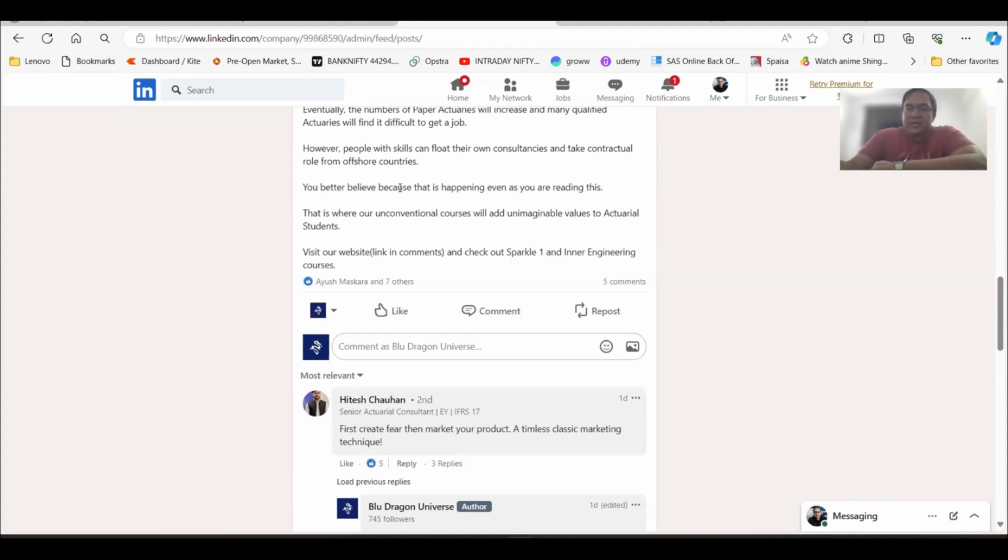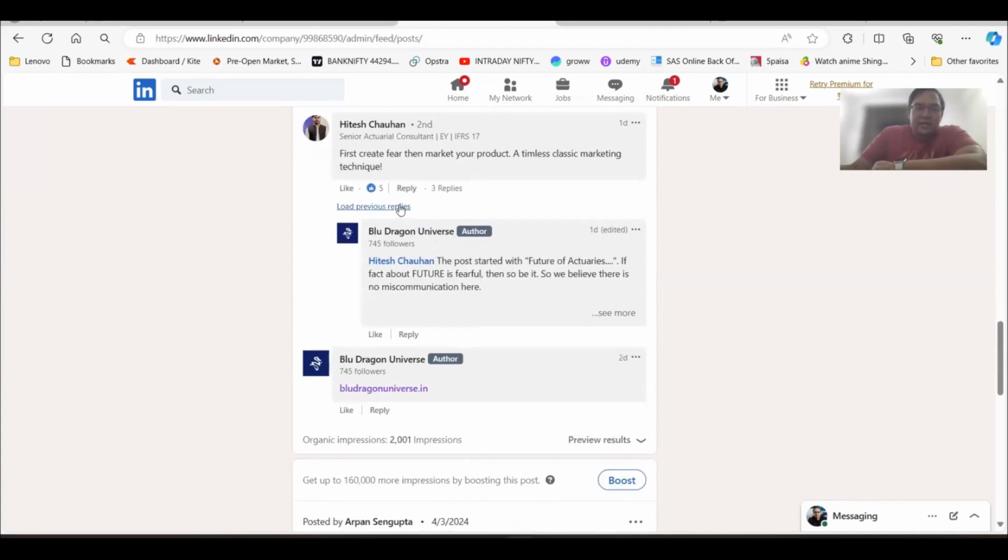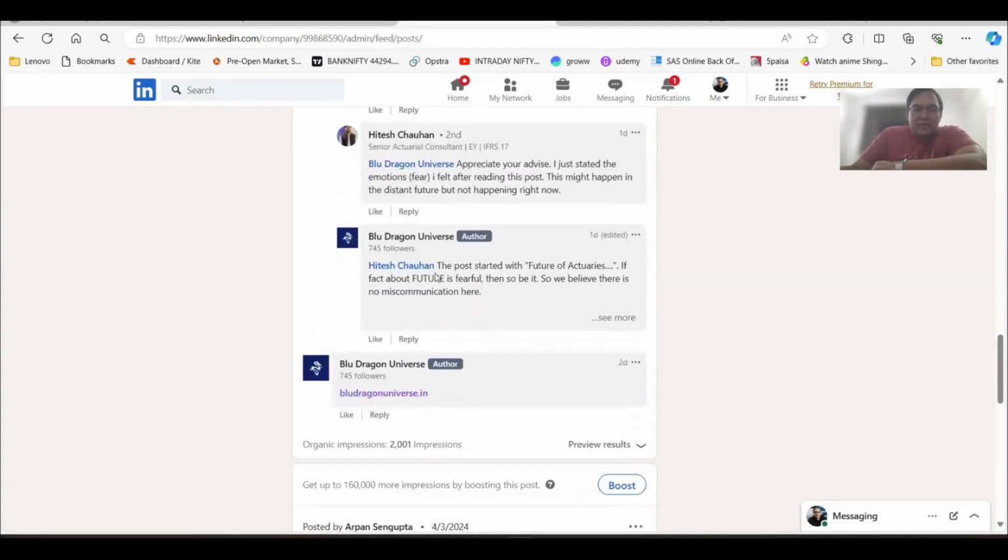That's why I know. So this is something that is going on as of now, and that is why my team member wrote this. Later he mentioned that this might be happening in a distant future, but not now. I think he is quite distant from the reality. This is happening right now. The number is definitely less, and in future the number will be much more.